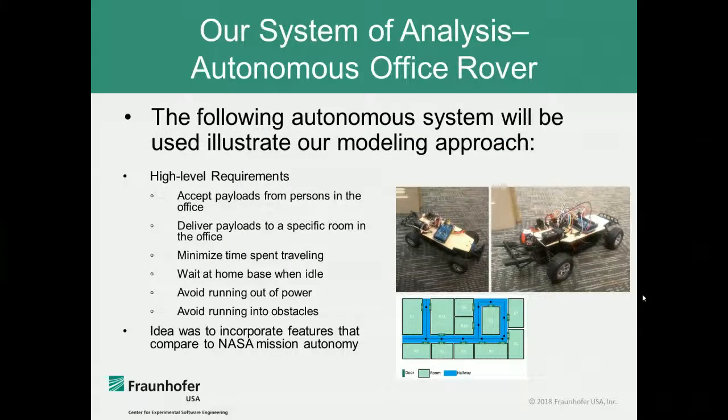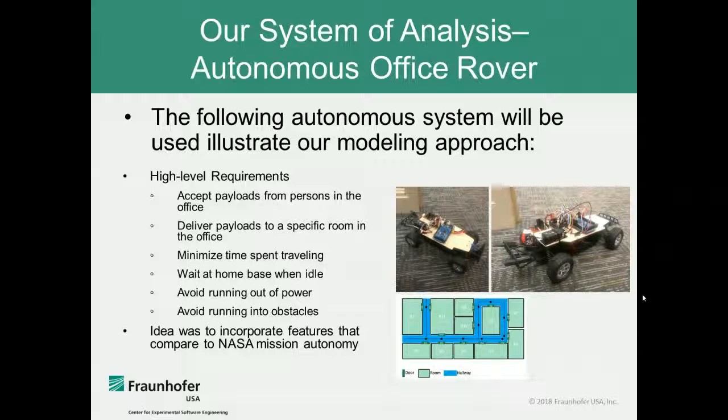So this is our little case study. One of the challenges always is working with real systems. We did this work with NASA, but they were reluctant to give us their systems, understandably. So we came up with our surrogate system, which started as a small project just between me and some interns here at Fraunhofer.